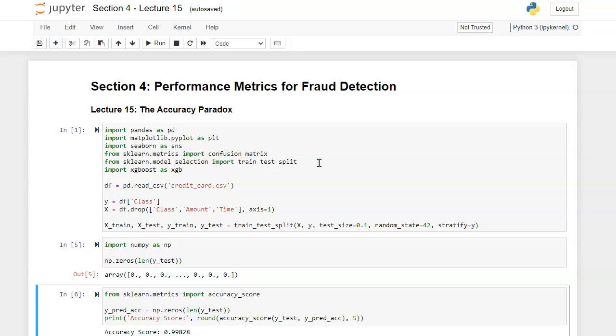So accuracy is probably the most popular metric from a classification perspective. It's effectively the number of correct predictions, and the correct predictions would be your true positives and your true negatives, where typically in a highly imbalanced case, the number of your true negatives, which is your non-fraudulent customers that are detected or predicted as non-fraudulent, largely outweighs all of the other quadrants.